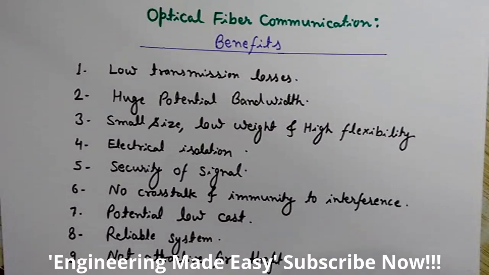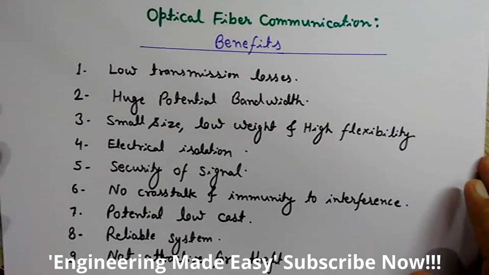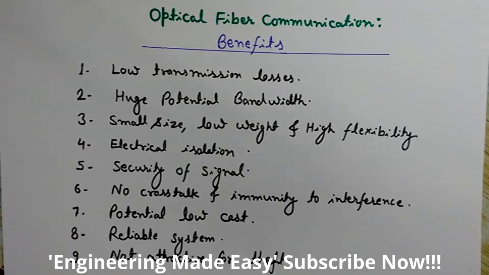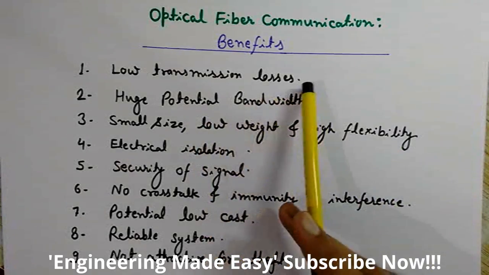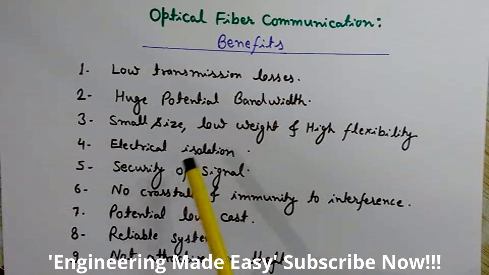So these are a few advantages. Actually, this is an extensive list of advantages that are offered by optical fiber communication. The first one is low transmission loss. It offers very low losses for transmission when we use optical fibers.